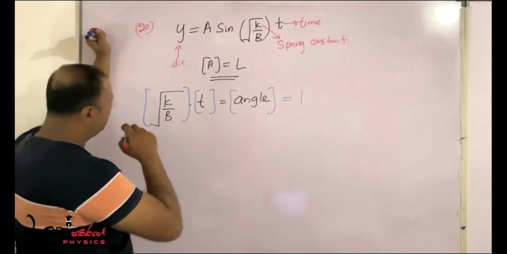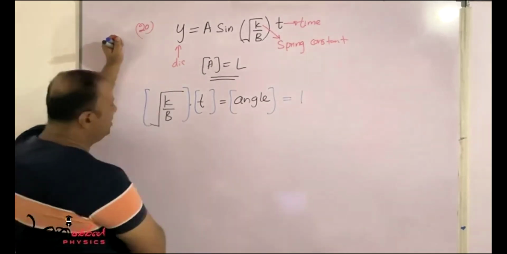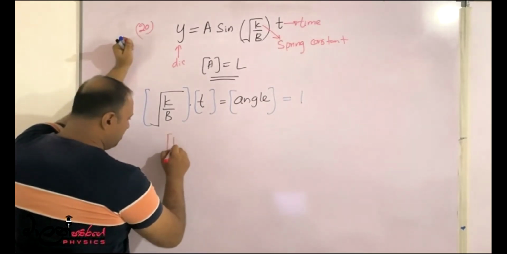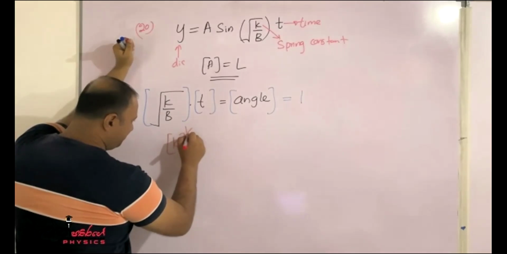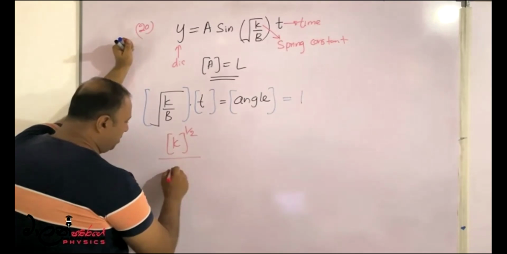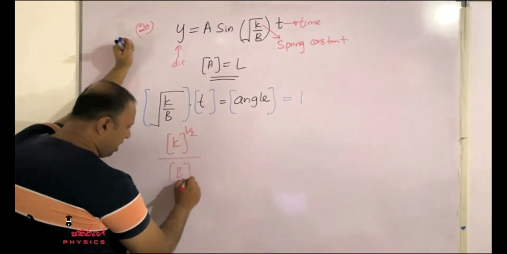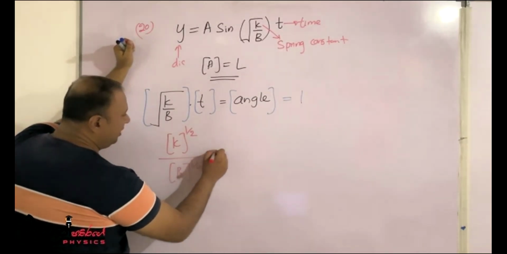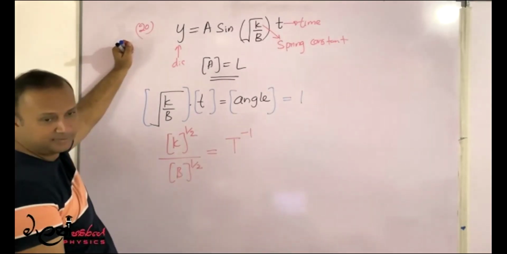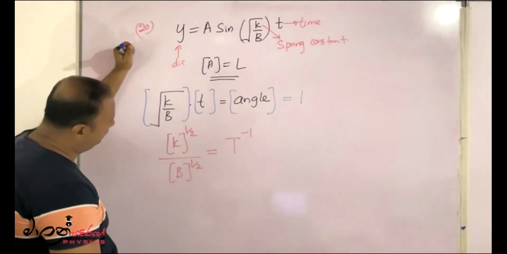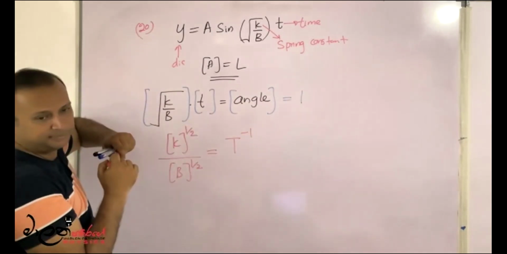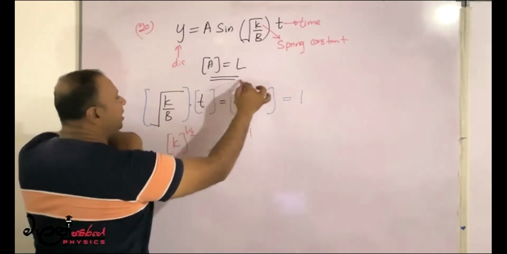Therefore, square root means power half. K to the power half over b to the power half is equal to T minus 1. You can take T here.